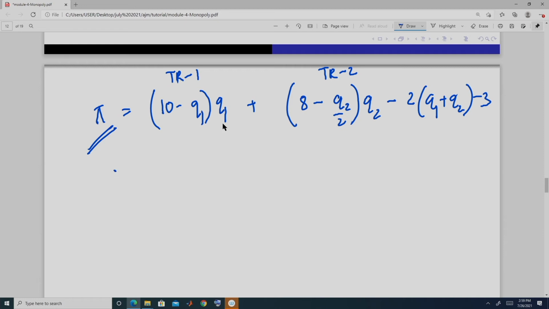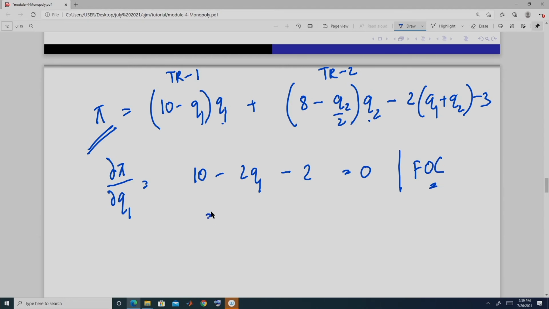So, the monopolist will choose Q1 and Q2 such that this profit is maximum. So, it will be this. We will get this first order condition, and then this will give me Q1 is equal to 4. So, the monopoly price is going to be this in market 1.